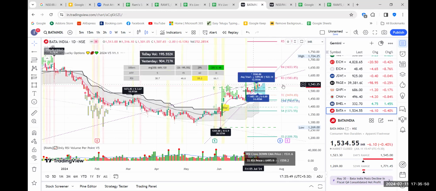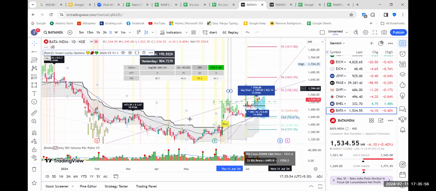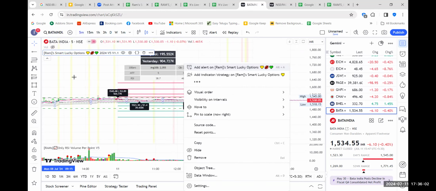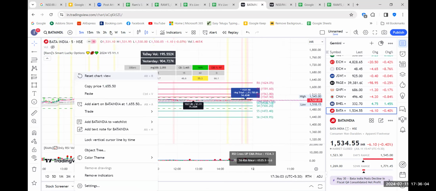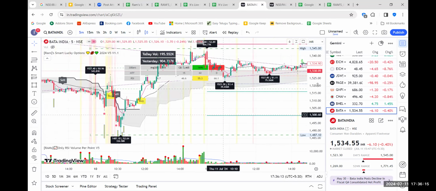This one also we can consider because in this case also the high pivot is not created. The price is moving upwards. Even though in the daily time frame it appears as if it created a high pivot, it is a temporary one. It will be taken out very soon. So 1499.